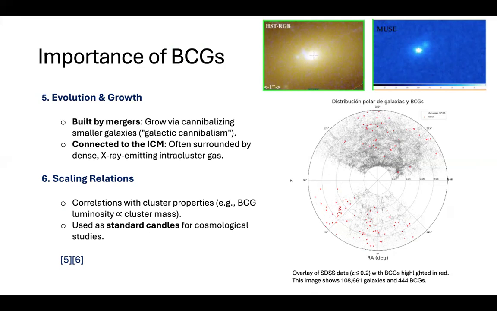The red points are the distribution in redshift and right ascension of the BCGs, and we also put the distribution of galaxies up to redshift 0.2, because we would like to better understand the connection in the growth of the BCGs and the whole galaxy sample.